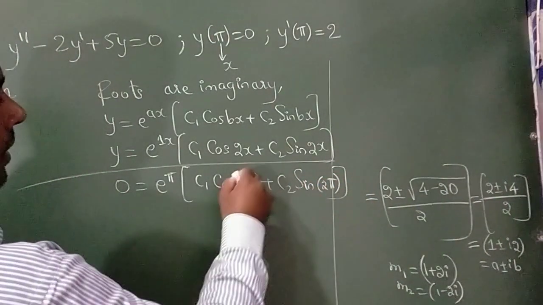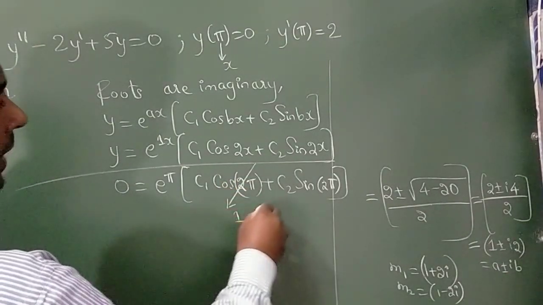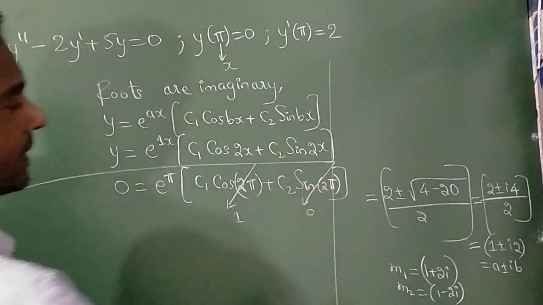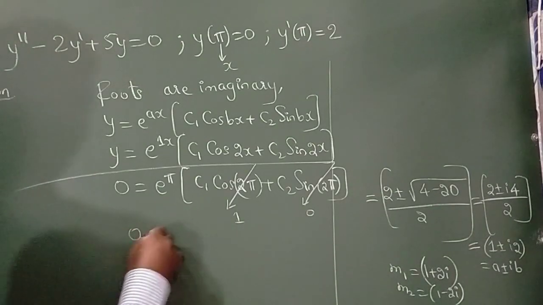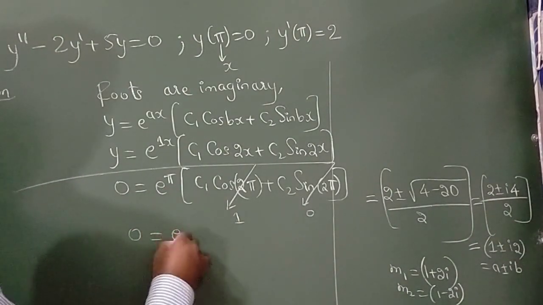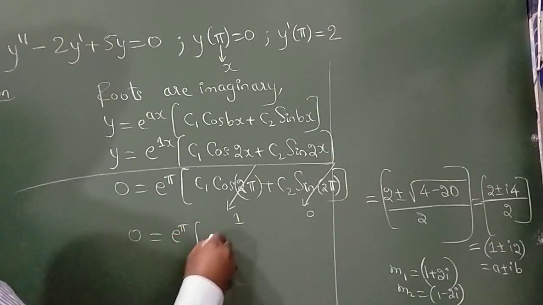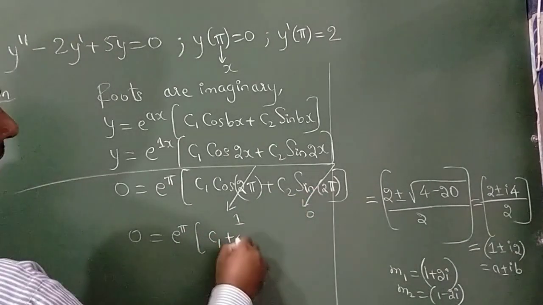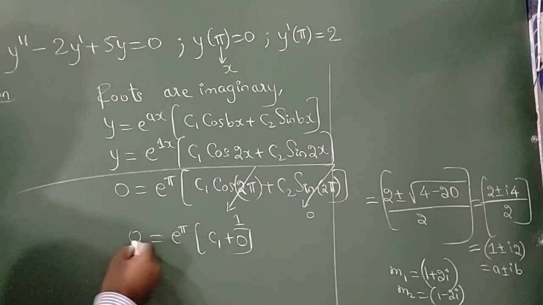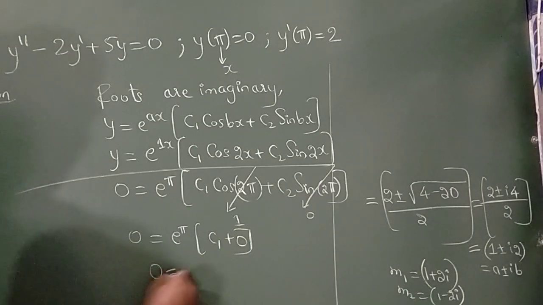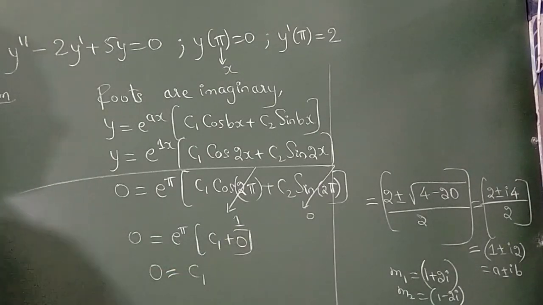But cos 2 pi is 1 and sin 2 pi value is 0. By this I can tell e raised to pi c1 plus 0 becomes 0. So 0 divided by e raised to pi is 0. Therefore c1 value will become 0.